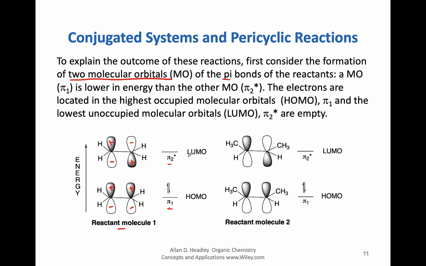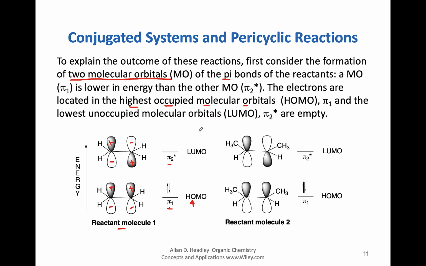Key here, though, we'll introduce some terms. Here is the HOMO, or the highest occupied molecular orbital. Highest occupied. Why occupied? Because the two bonding electrons are in this orbital.